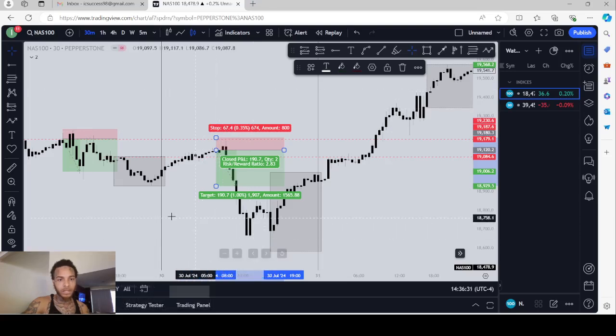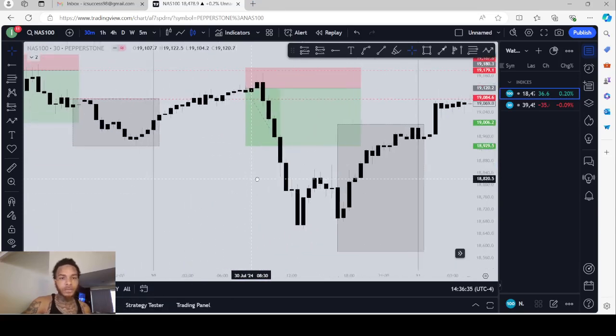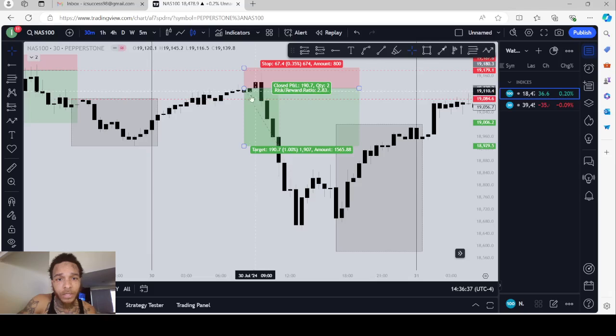Okay, so this is a bearish engulfing right here. You see how this bearish candle engulfed this whole candle? From the open to the close, they engulfed the body and closed lower. That's a bearish engulfing.